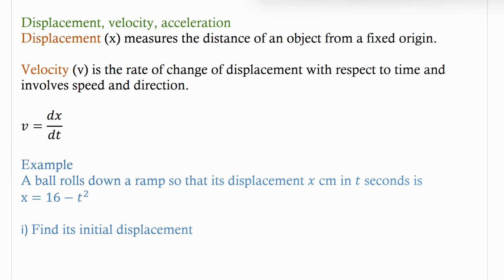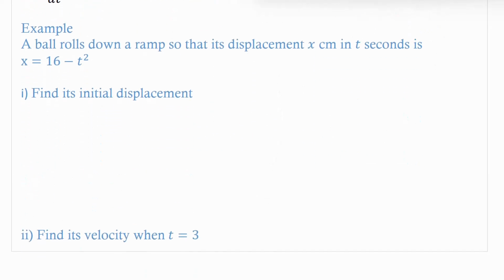Velocity is the rate of change of displacement with respect to time, and involves speed and direction. Acceleration is similar to that. It's the differentiation of v. So if you're given an equation for displacement, you can differentiate that to get the velocity equation, which you can then differentiate to find the acceleration equation.